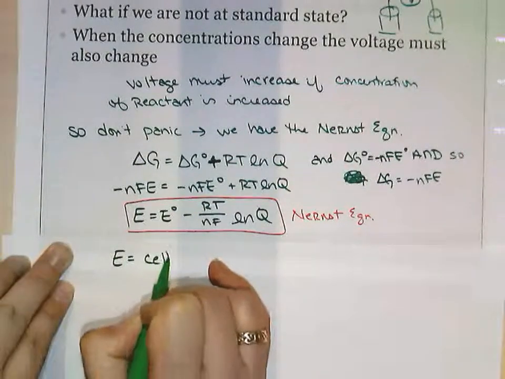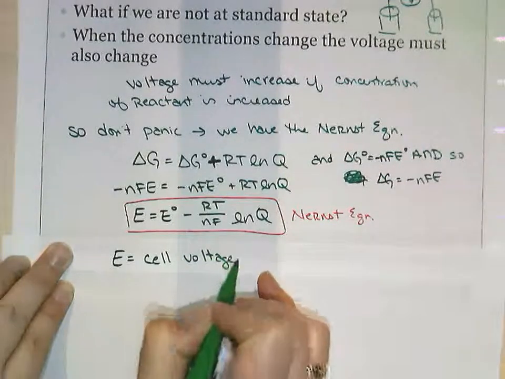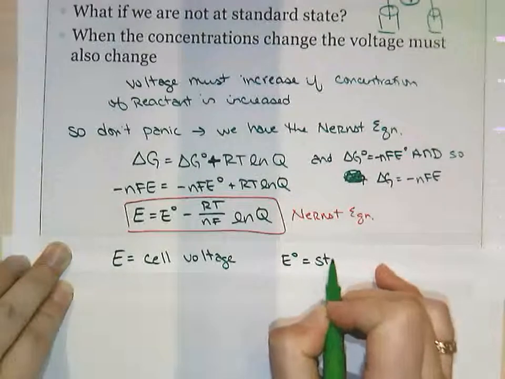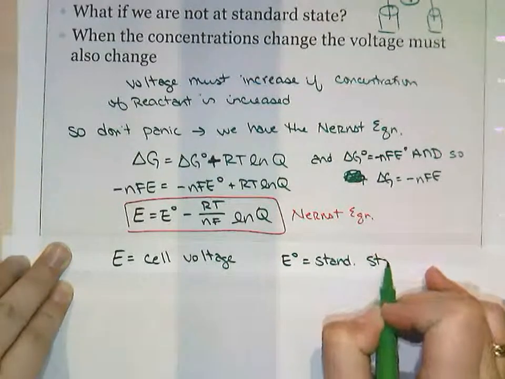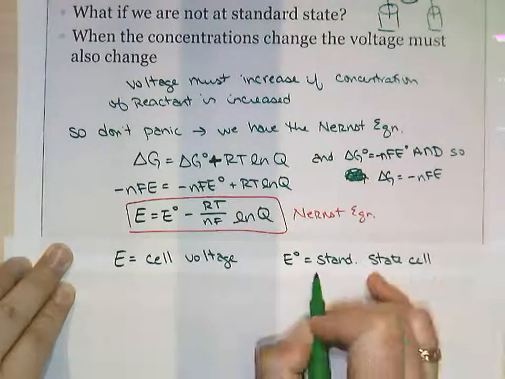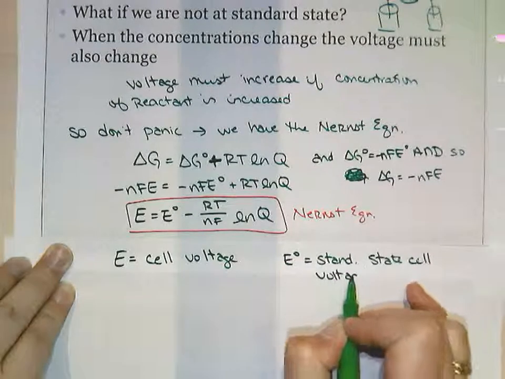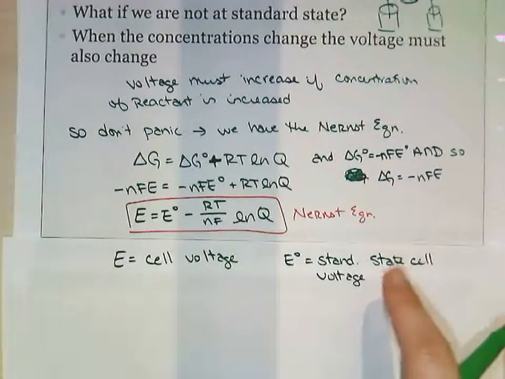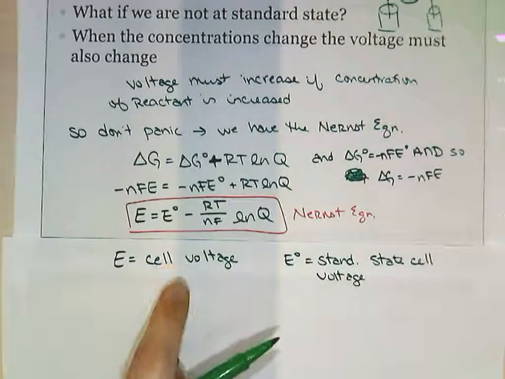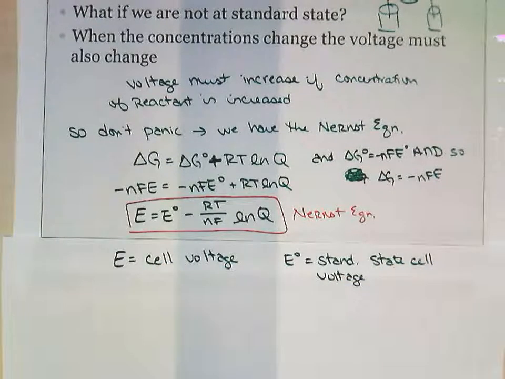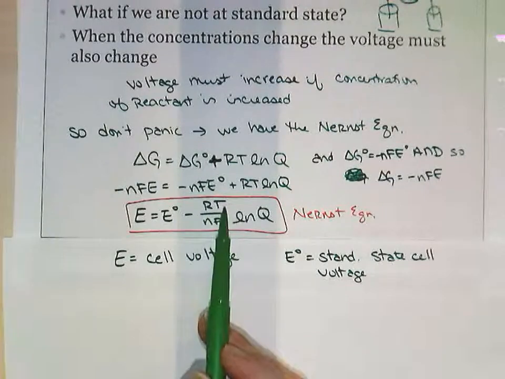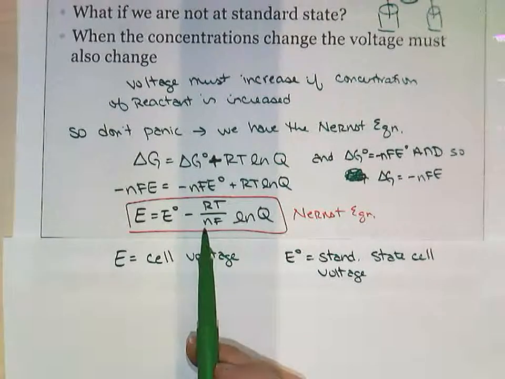E is my cell voltage. E0 is my standard state cell voltage, which we figure out from the tables. E has to be calculated separately. And we have the same guys here. We have the gas constant, temperature in Kelvin, number of moles of electrons, Faraday's constant, reaction quotient.